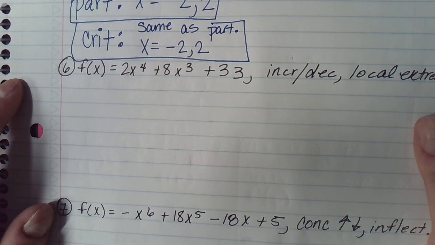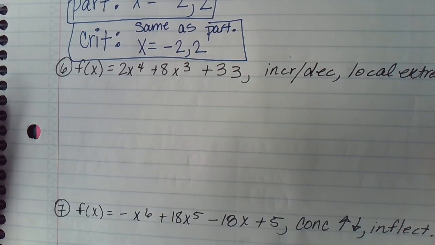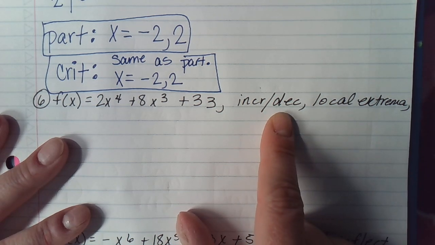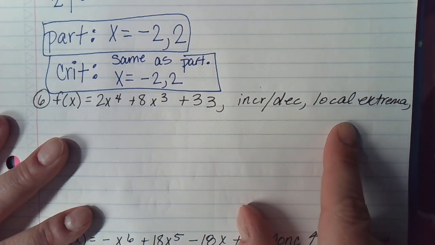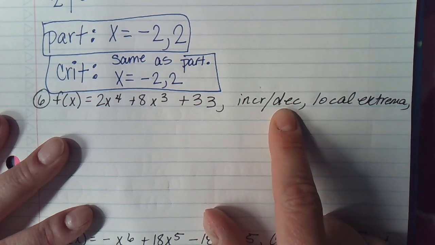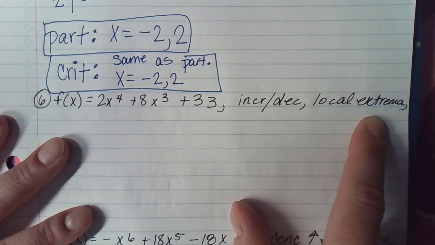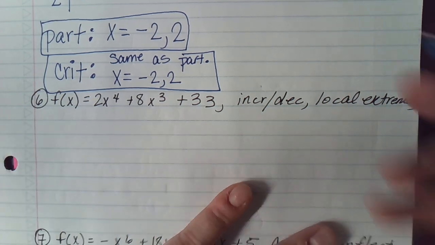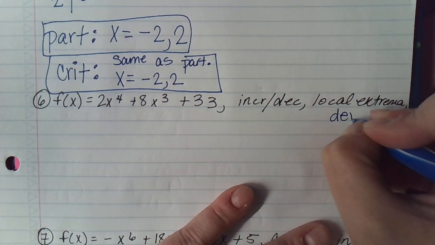So we did number 5. Let's go to number 6. It's asking for the increasing, decreasing intervals and any local extrema. Increasing, decreasing, and local extrema means we need to, number 1, take the derivative.